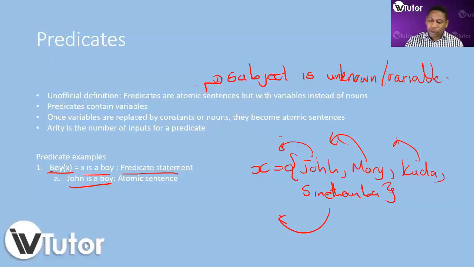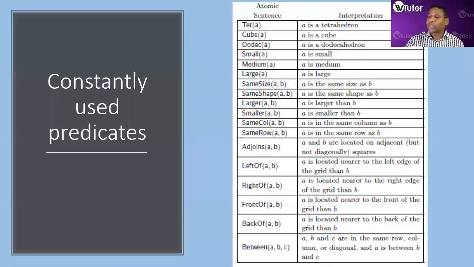Right. Now, for this module, you're going to find these constantly used predicates. So what is the difference between a predicate statement and an atomic sentence?